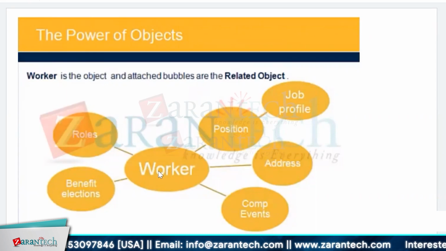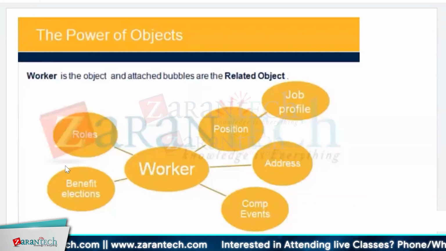And the way it works is I'd have to go to the worker, go to the position, and then go to the job profile. I can't go directly from worker to job profile in reporting.